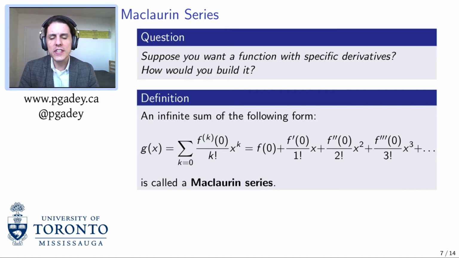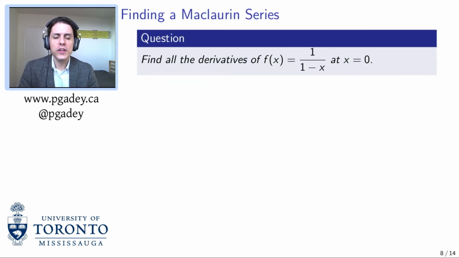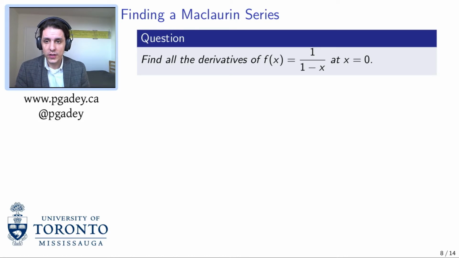Okay, let's have a look at one specific Maclaurin series. So we're going to look at the Maclaurin series of 1 over 1 minus x. And to do that, we first have to find all of the derivatives. So let's calculate the derivatives.